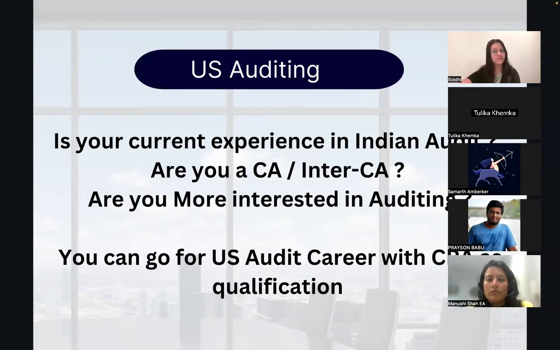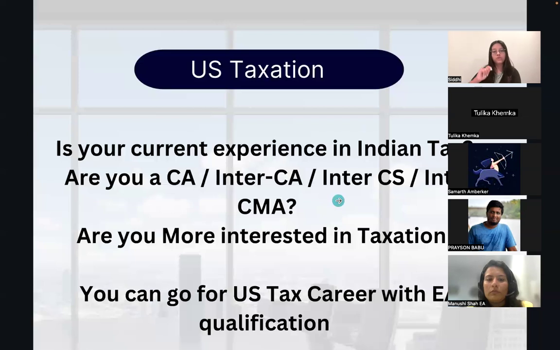But the last one, those who have a US taxation interest, can start with EA first. The whole EA syllabus is a copy-paste in two of our CPA papers, Regulations and TCP. So if your long-term goal is even a CPA, and your short-term goal is to have some achievement in US taxation, start with EA.